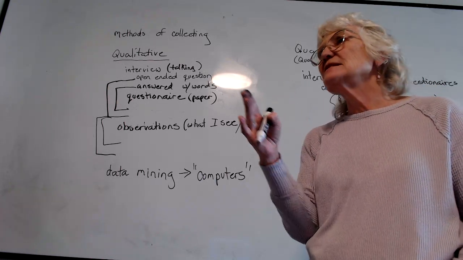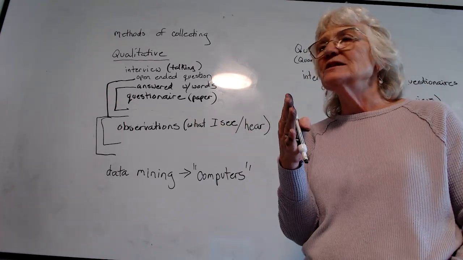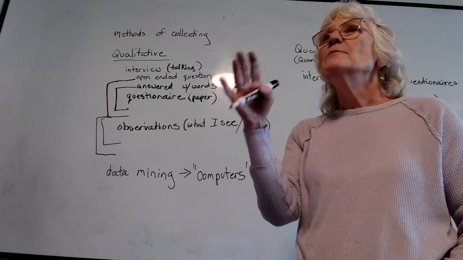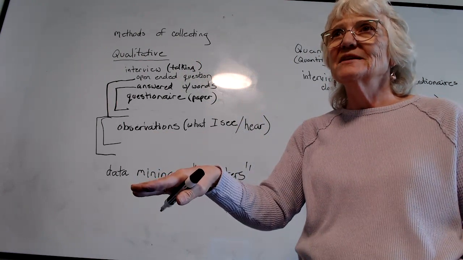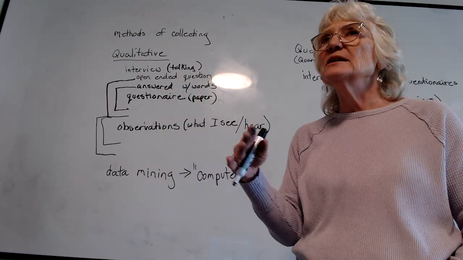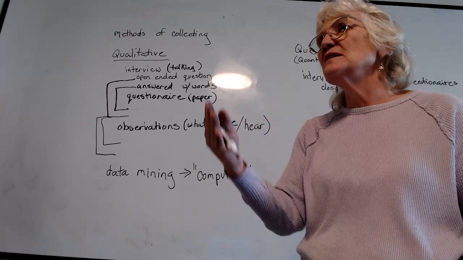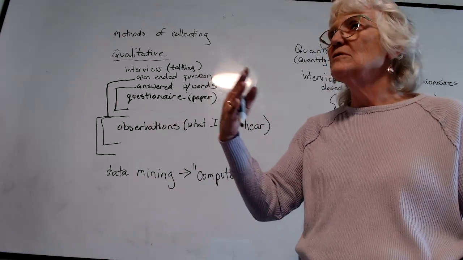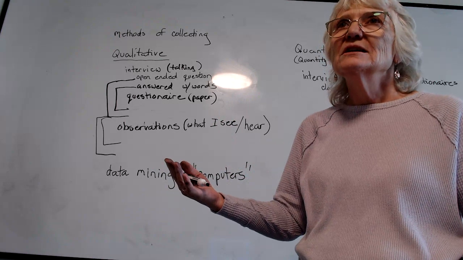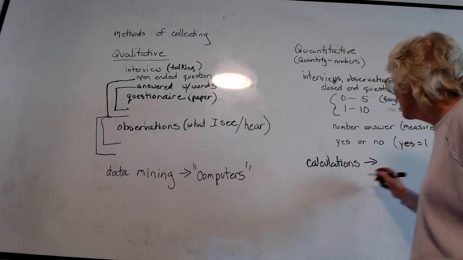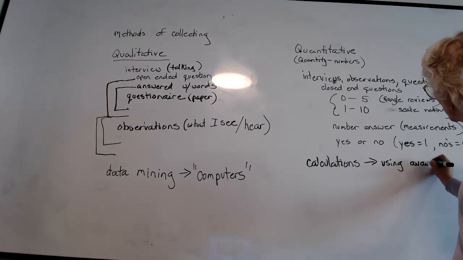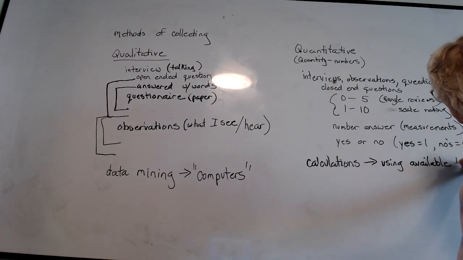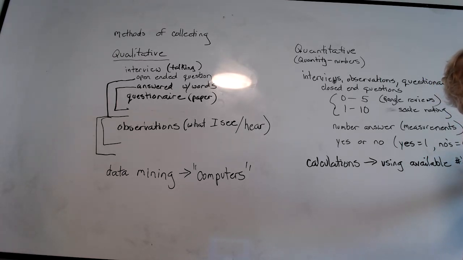And the SAT test is recorded for everybody in the country. It doesn't say who individually got it, but we can look at those numbers and we can do calculations on them. Okay, it's the same thing with a company. You can do calculations on how much they sold each month or each quarter, and those are just calculations. So it's basically using available numbers and performing a calculation on them.